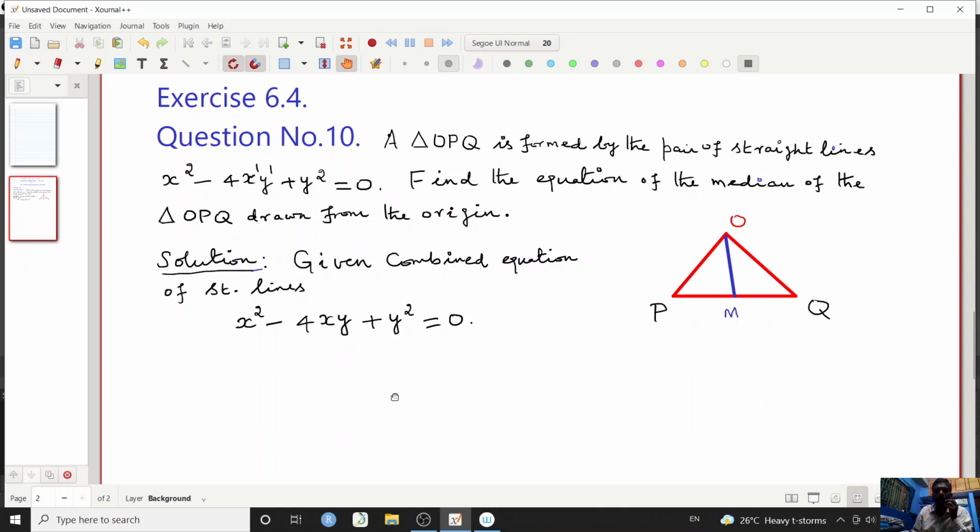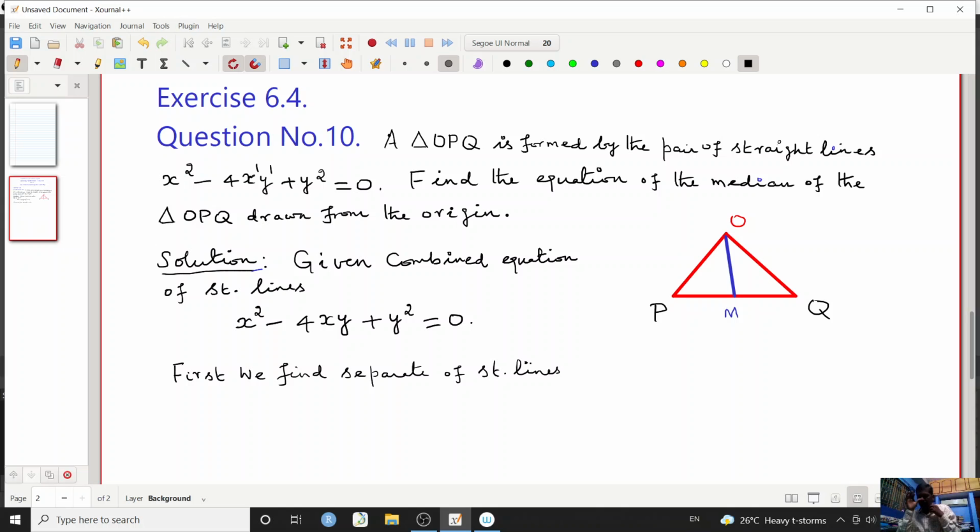Because we are going to find the separate equations of the straight lines. So first, we find the separate equations of straight lines. So we are going to factorize this equation.